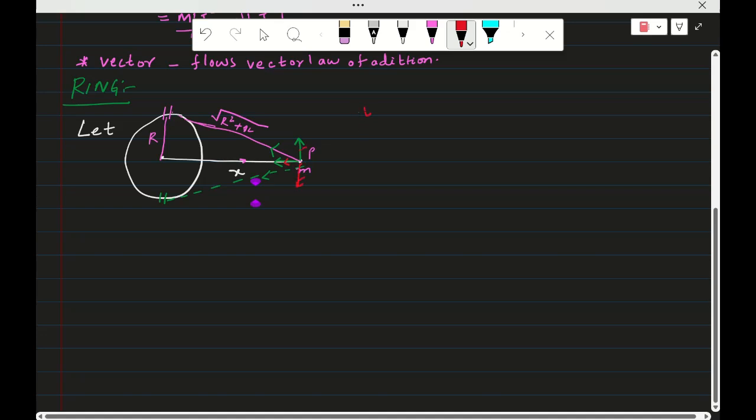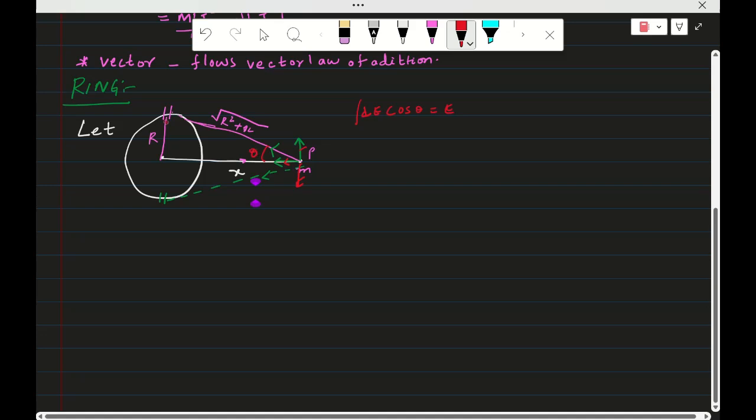So dE due to a small element, integral dE cos theta is equal to E. And here this angle we consider theta.